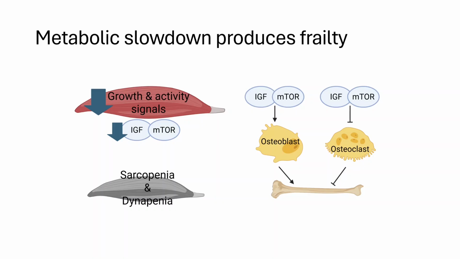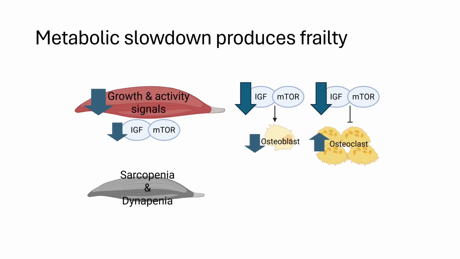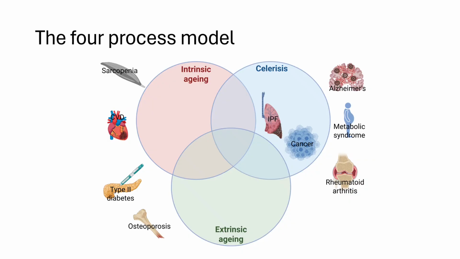So when we have intrinsic aging and cells that are less responsive to these signals, we get less response to IGF-mTOR, which means that our osteoblasts do less and our osteoclasts do more, which leads to osteoblast activity reduction and osteoclast activity increase, leading to osteoporosis. So osteoporosis and sarcopenia, we suggest, are direct results of intrinsic aging.